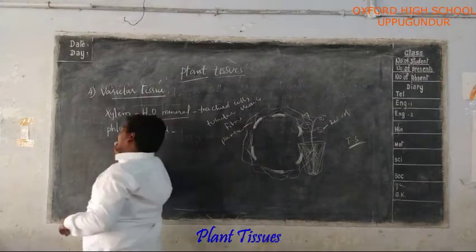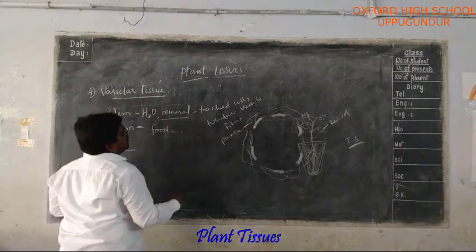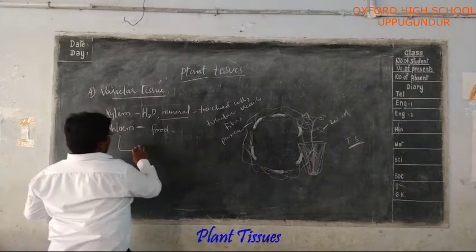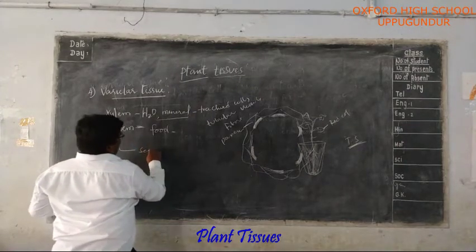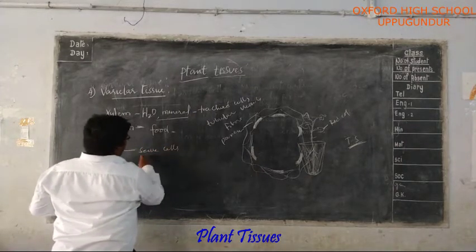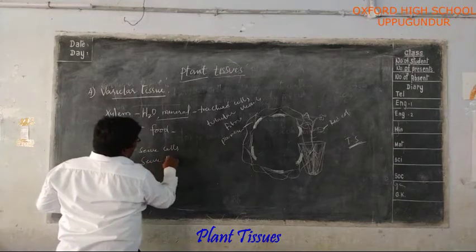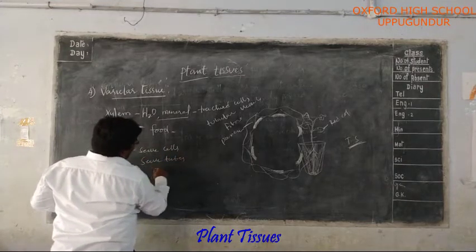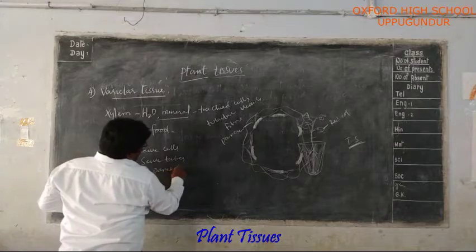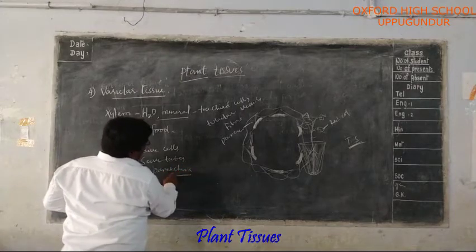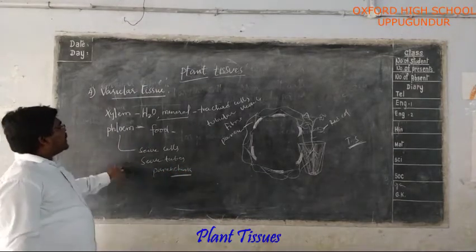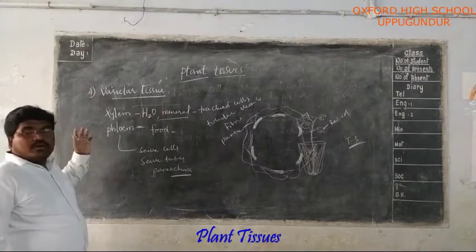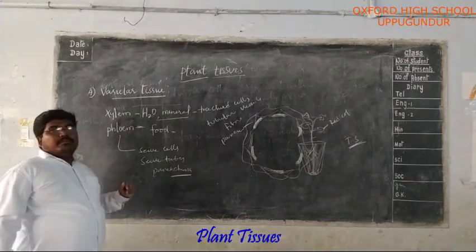Phloem also contains sieve cells, sieve tubes, and parenchyma. So these are the parts present in the xylem and phloem.